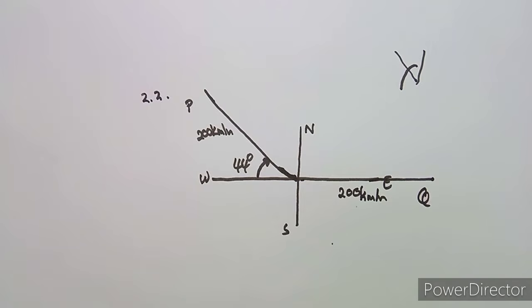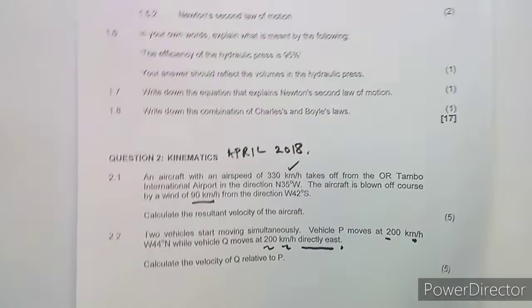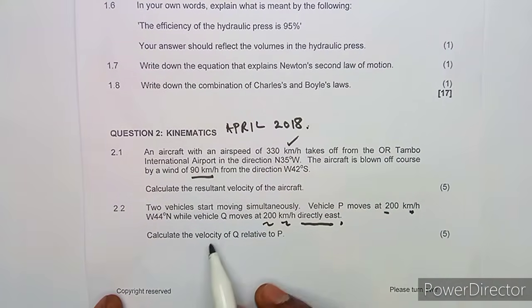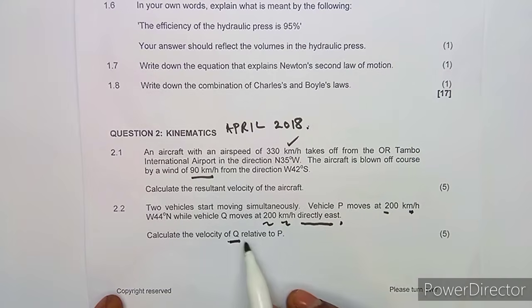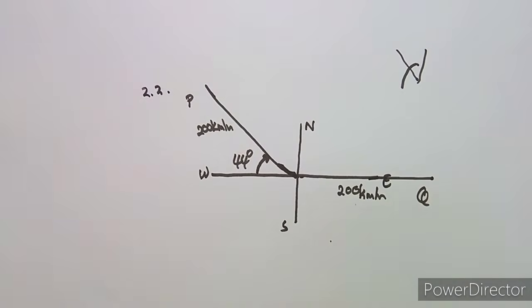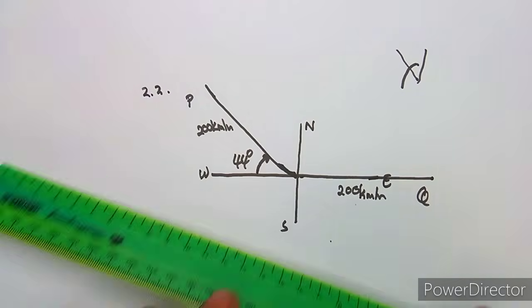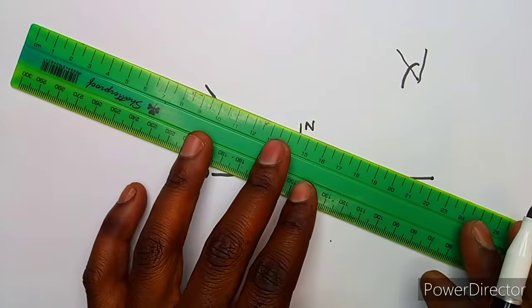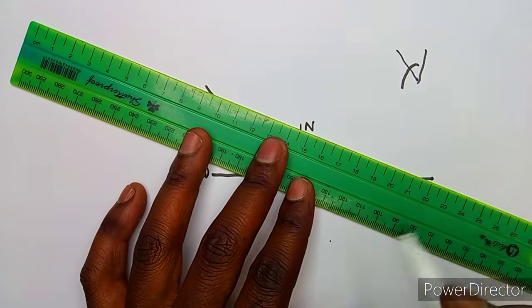And what are we then asked to do? The question is now to calculate the velocity of Q relative to P. So definitely, what you just do is combine these two.